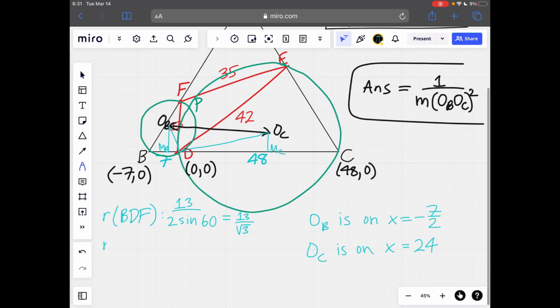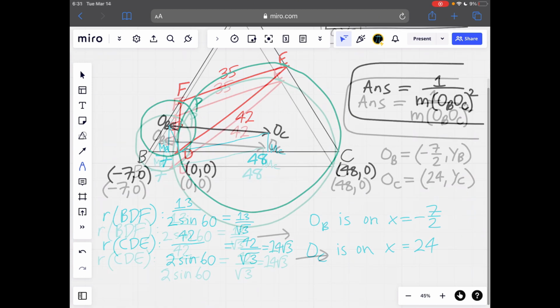The radius of the circumcircle of CDE: DE is 42, so it's 42 over 2 sine 60, which turns out to be 42 over root 3, which is just 14 root 3.